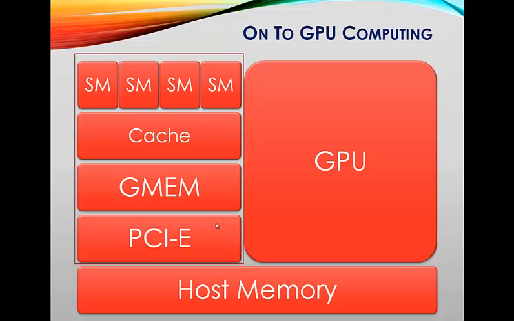You've got your host memory, which is basically from your CPU, and it interfaces with each of the GPUs through a PCIe connection. The PCIe in turn connects to the graphics memory or the video RAM on board your graphics card. Then you've got two levels of cache: a shared global cache between the streaming multiprocessors, or the cores of your graphics processing unit, and then the onboard L1 caches within each of those streaming multiprocessors.